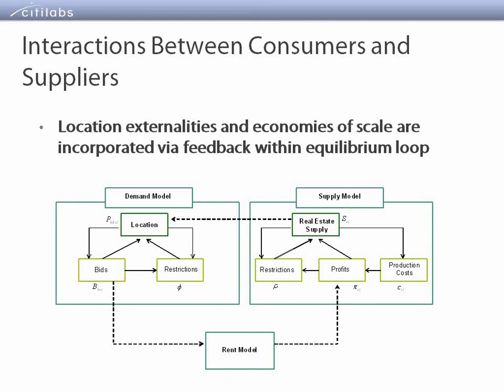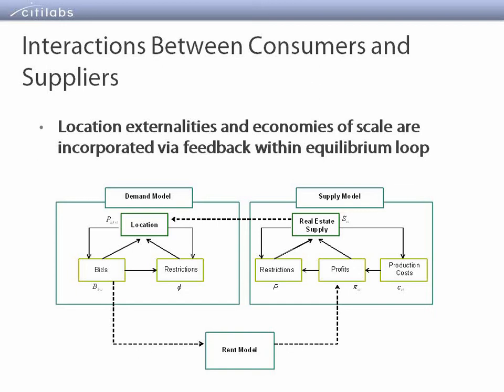And both of these are sort of discrete choice models, but the idea is that we feed back inside the location choices people make and inside the developer choices to take into account the fact that one household's location decision is going to have effects on other households and how they locate, because it might be the case that certain households want to be close to another household of a particular type or the same type and might want to be further away from another household of another type or of some particular type.